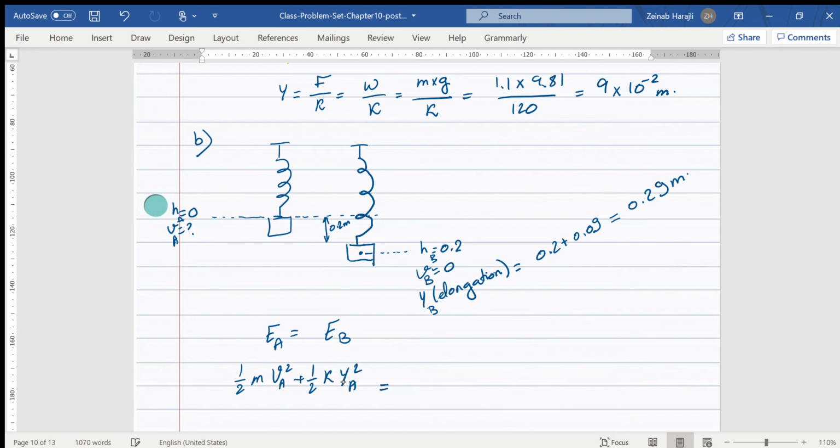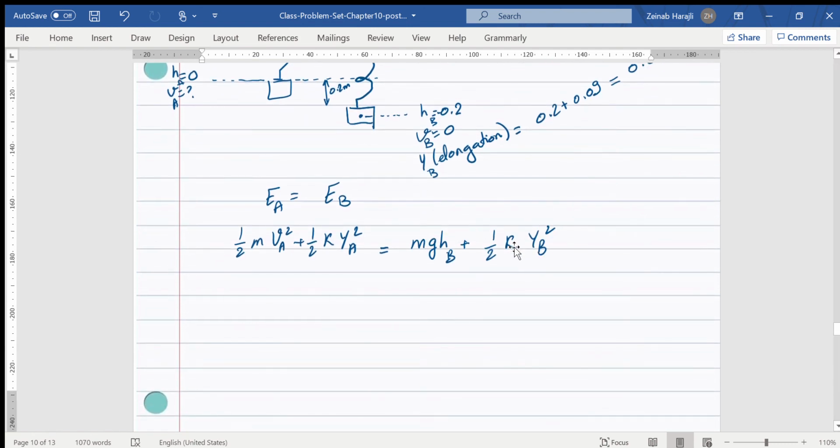And at point B, we have mgh. Now here the height is negative, so let's pay attention to that. The speed is 0, and we do have stretching. So we have an elastic potential energy.